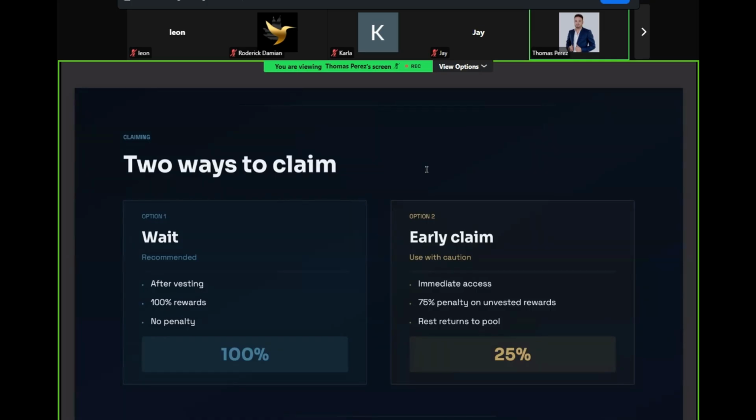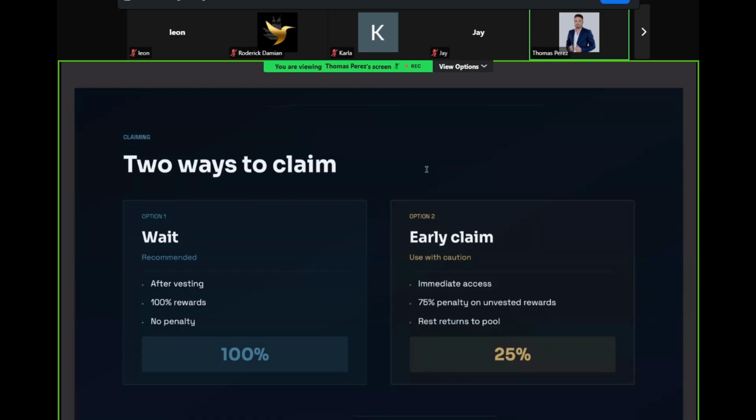You can claim early, but with a penalty. And this penalty is intentionally high. Why? Because the system is designed to reward patience. So early claim is possible and we make it possible, but it's not the optimal strategy. The system is aligned toward long-term behavior.